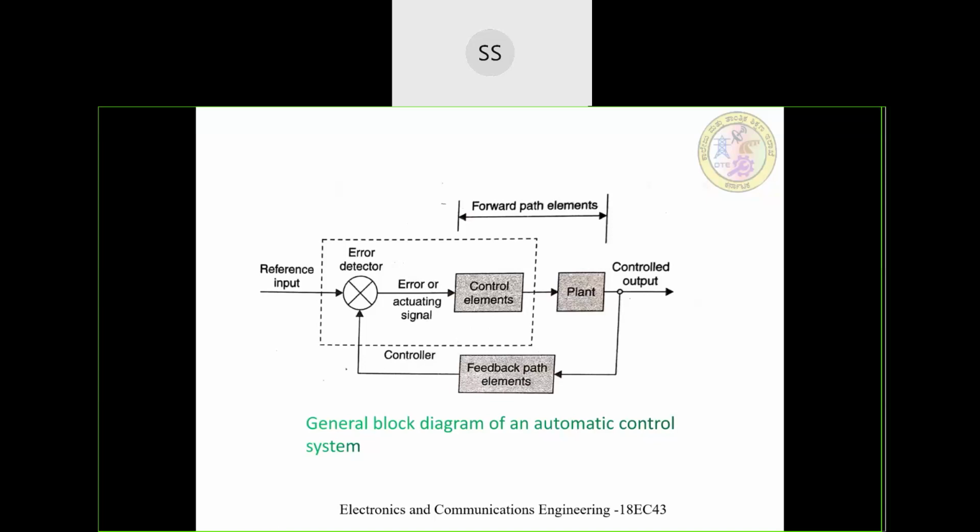That signal will actuate the control element blocks to take some action in such a way as to reduce the error between the reference input and the controlled output. So this particular block diagram shows a general setup of a closed loop control system.